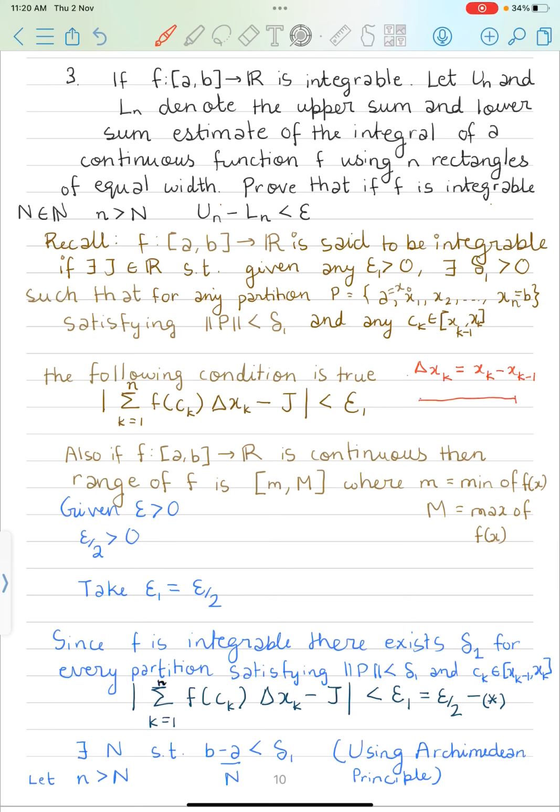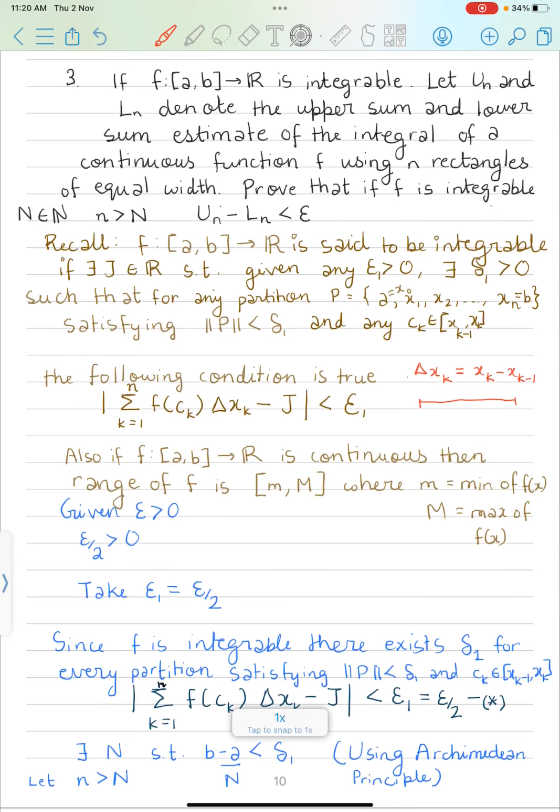You can partition, say, [0,1], which is my [a, b]. A partition is any x0, x1, ..., xn lying in [0,1], such that x0 is this one and xn is this one, and I can randomly choose the points in between.